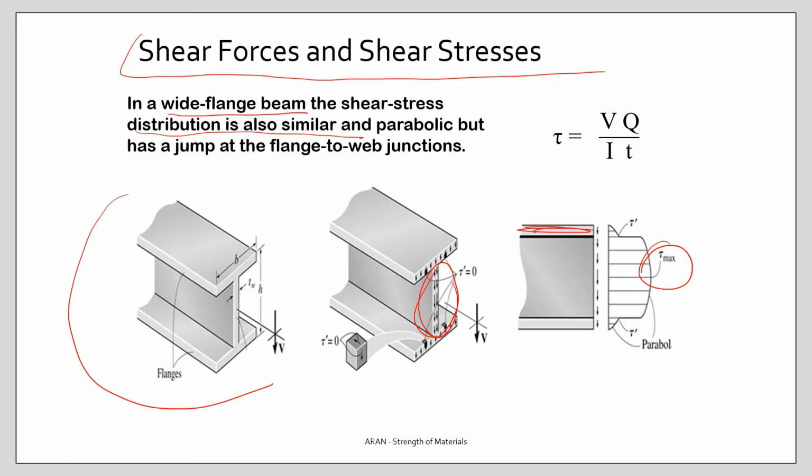On the upper and lower surfaces, the shear stresses are very small, because the thickness in the upper and lower parts is larger than in the middle. But we know that on the upper and lower parts the bending stresses are high, while in the middle the shear stresses are high.